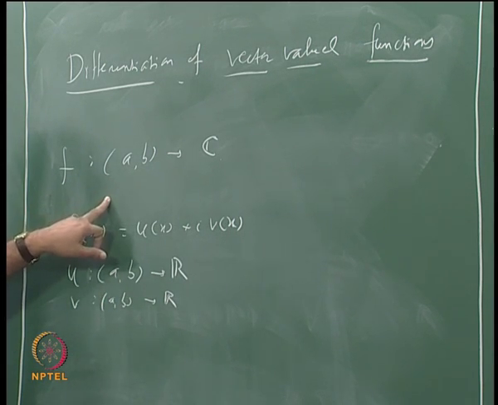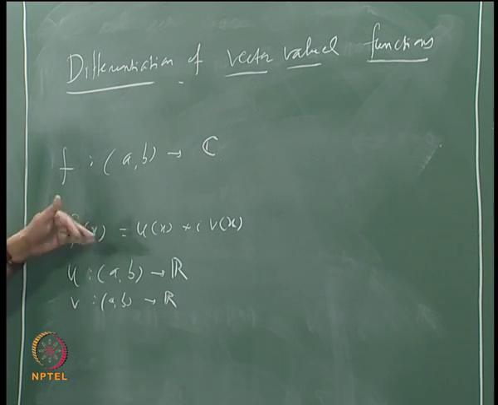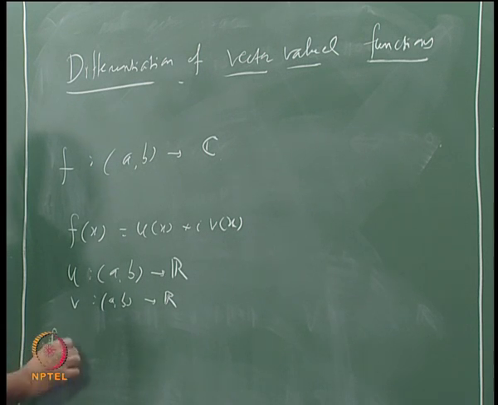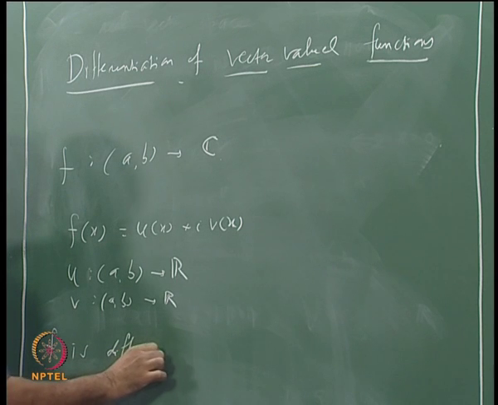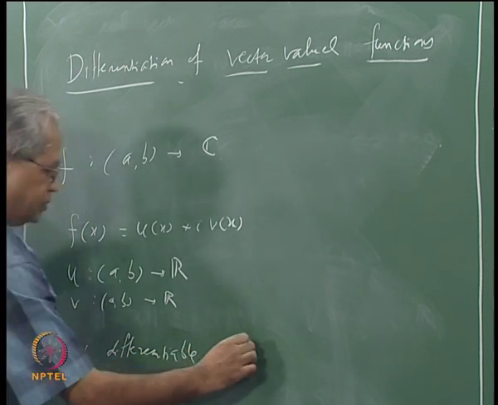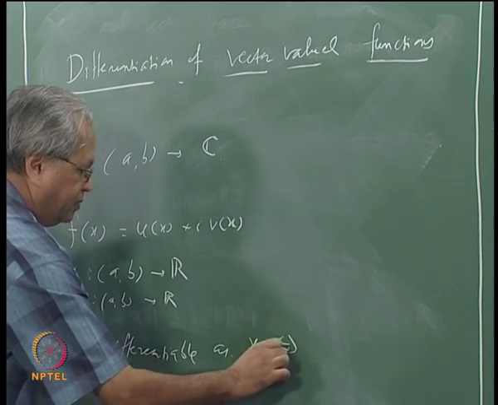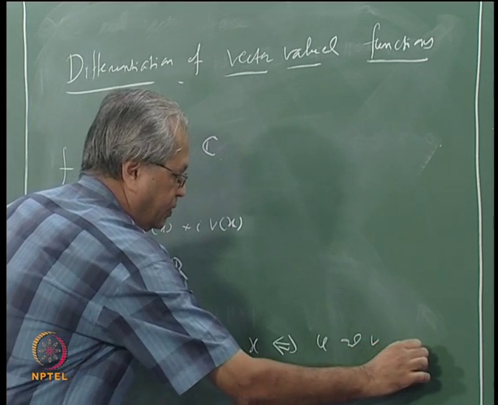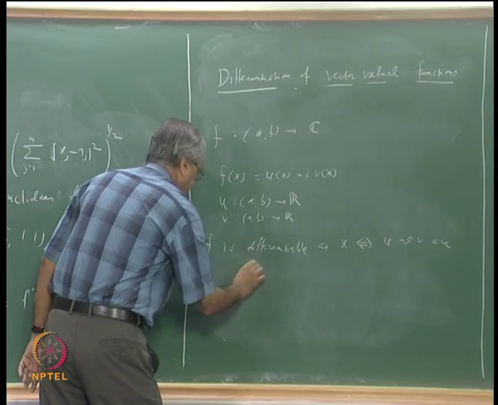Again the answer to both of these questions is yes, that is, f is differentiable at x if and only if u and v both are differentiable at x. Let me just write that here, that is the result: f is differentiable at x if and only if u and v are differentiable at x.